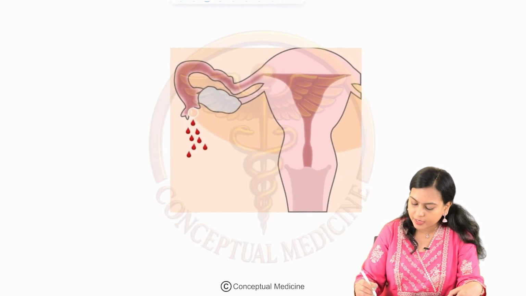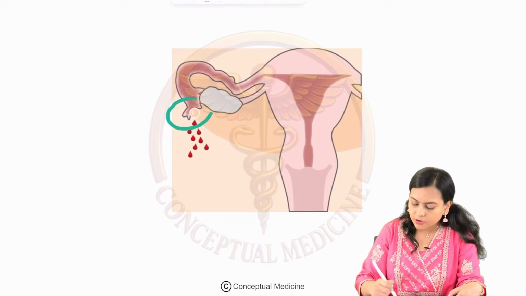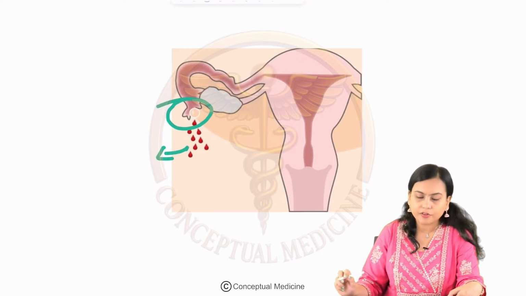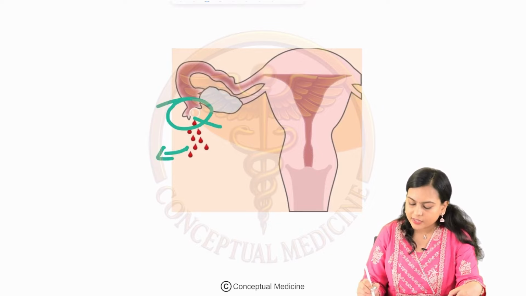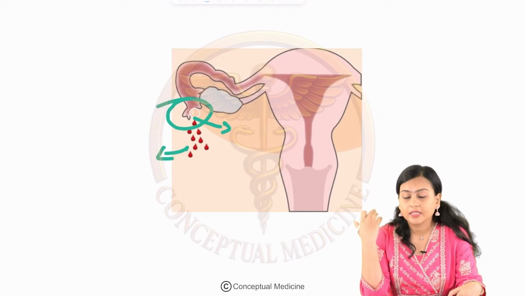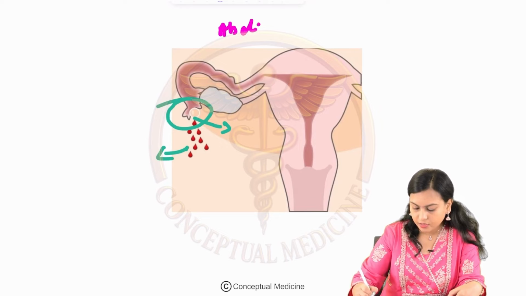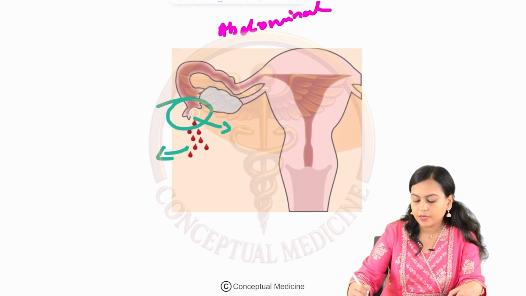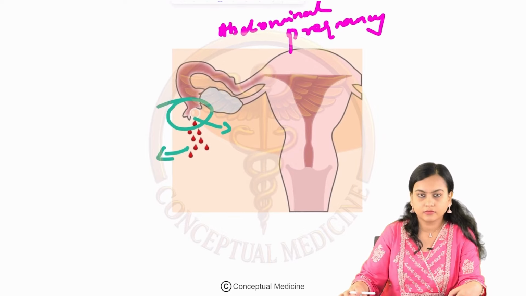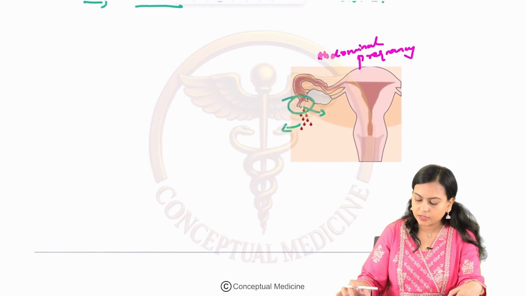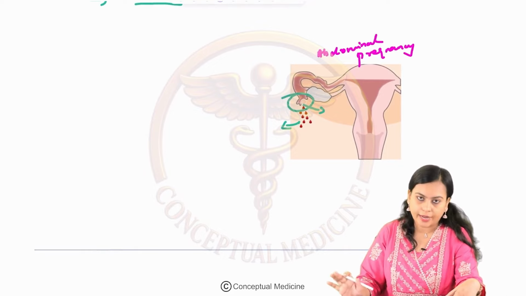It is coming out through the ostium in the infundibulum, and there is a minimal amount of bleeding. When this is extruded, sometimes it can get implanted anywhere in the abdominal cavity and turn into an abdominal pregnancy also. So these are the two fates of a tubal ectopic.